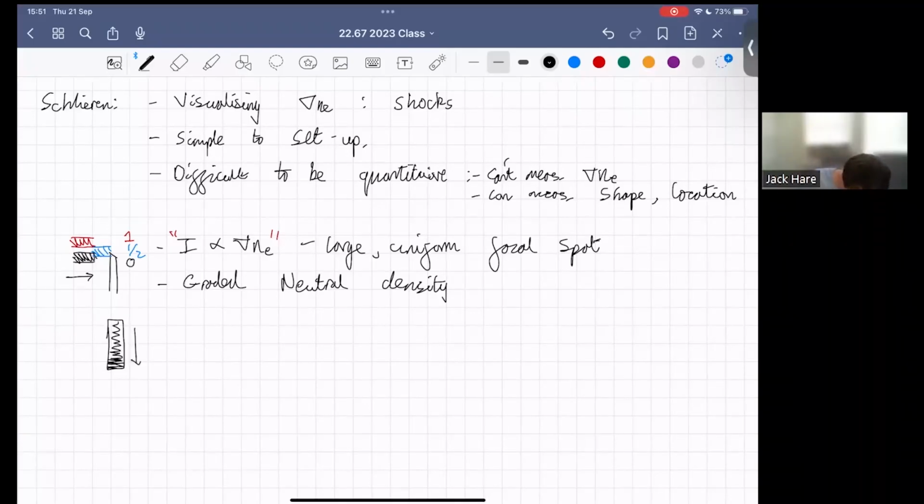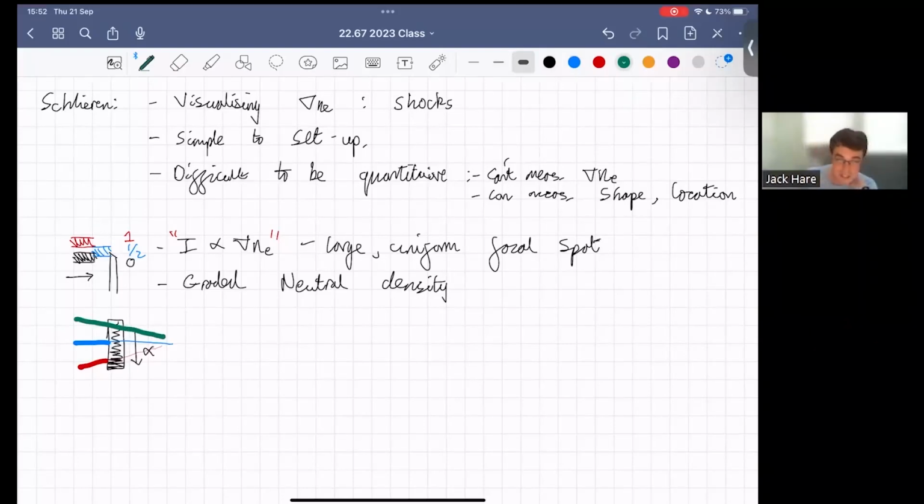So we can have a gradient in, say, we'll call the absorption alpha here. And then the idea is that different rays of light at different points of your stop will either come through not at all, or very attenuated, or they will come through partially attenuated, or they will come through basically not attenuated at all.